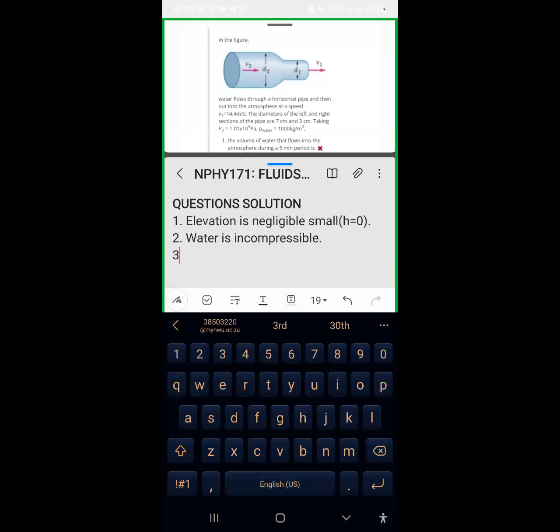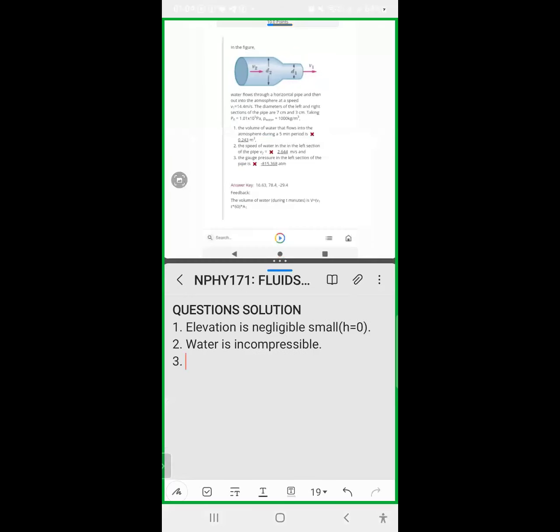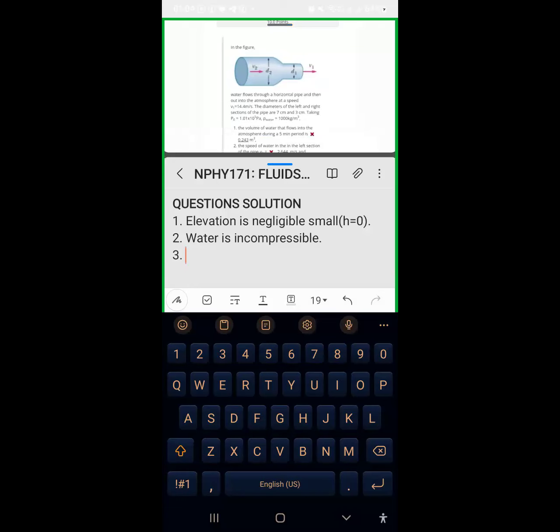And then thirdly, remember we are dealing with a flow in a pipe, where the speed is constant at the specific cross-sectional areas, in this case being V1 and V2. And there is no mention of time dependency. Therefore, we can also conclude that the flow is steady.